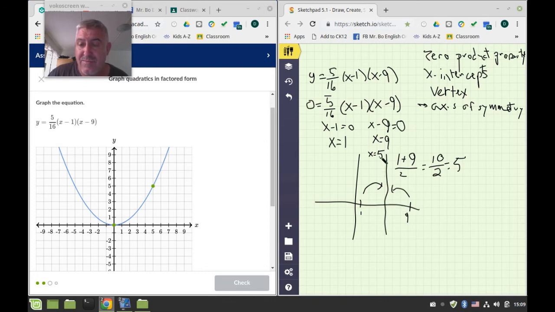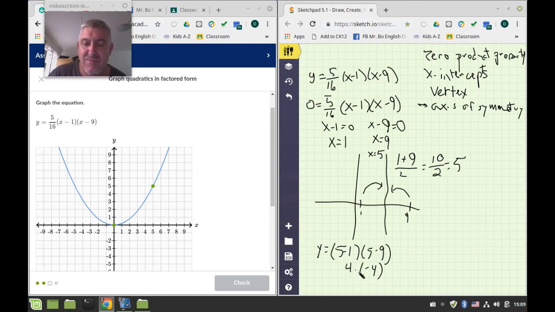And we're now going to substitute to find out what y is at 5. So y is equal to (5 minus 1) times (5 minus 9), and you'll remember from the last video, this is going to look like a positive number and a negative number with the same magnitude, so the same size.